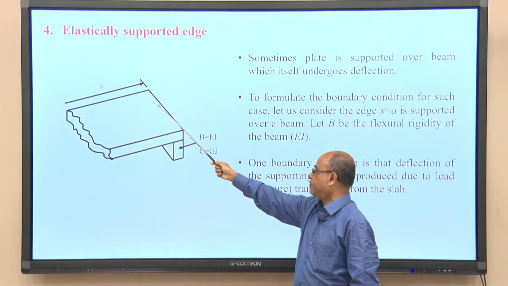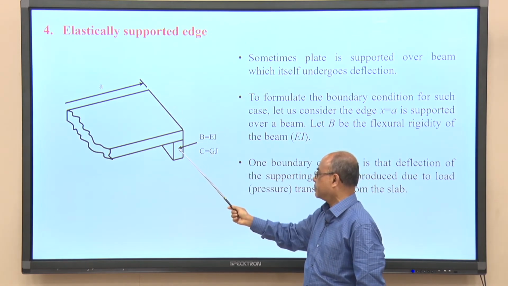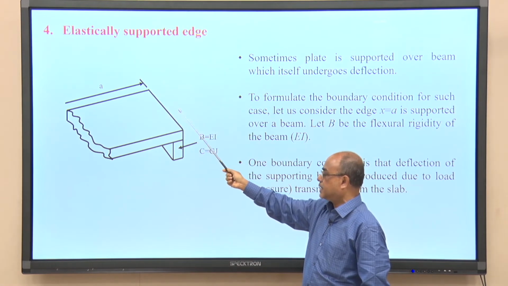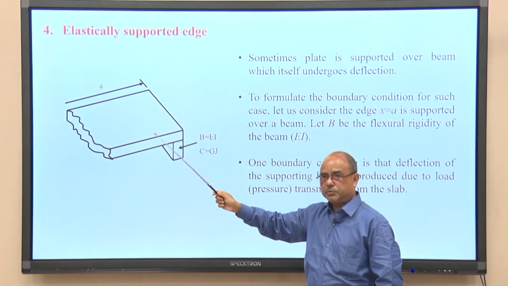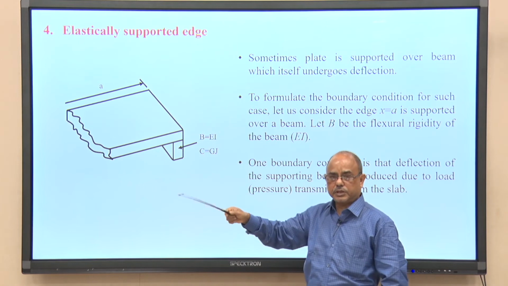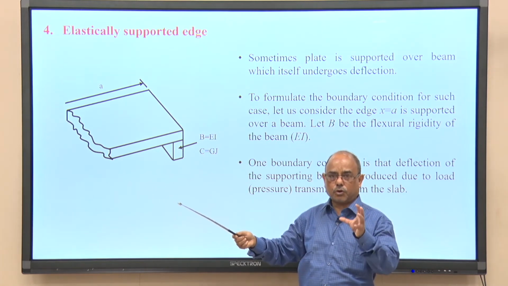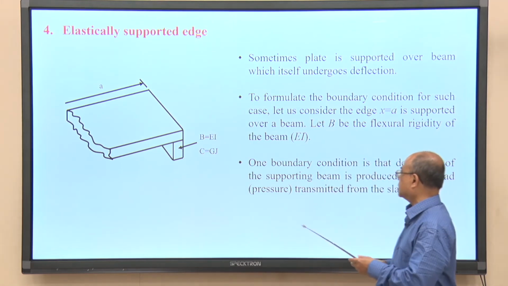Whatever shear you are finding along this edge, this will be the load acting on the beam. Similarly, the bending moment whatever you get here for the plate, this will be your distributed twisting moment over the beam, which has to be resisted by the torsional moment or torque in the beam. Okay. So, let us find the mathematical expression for these conditions.